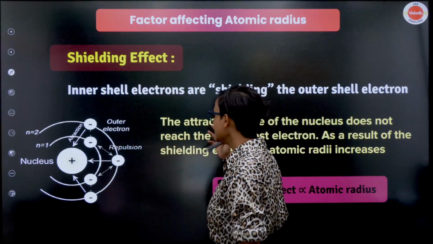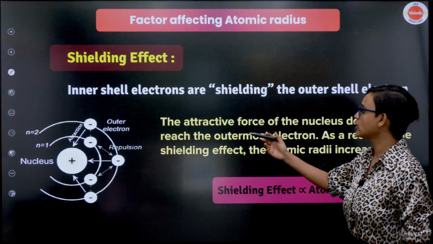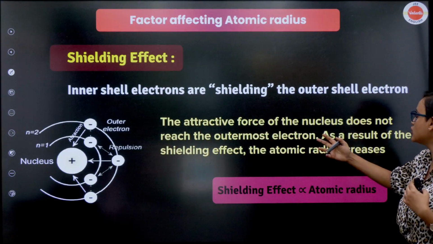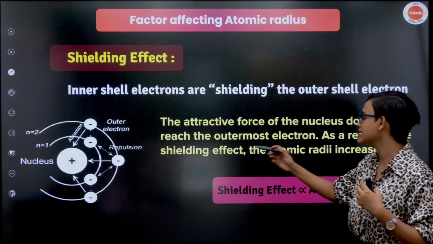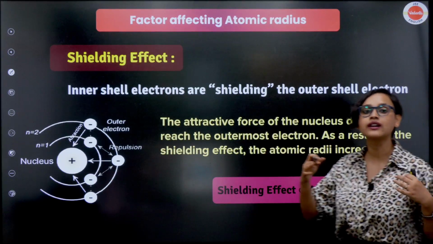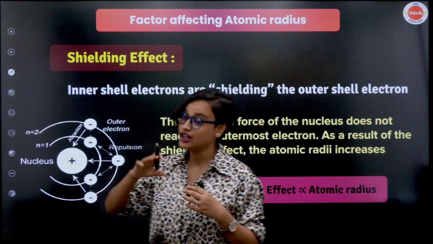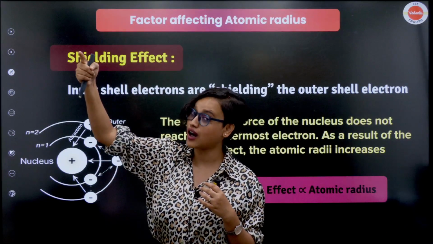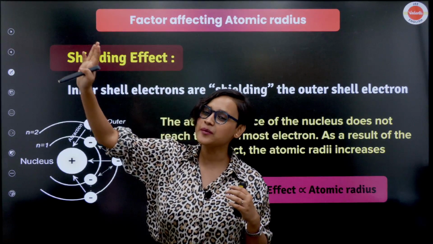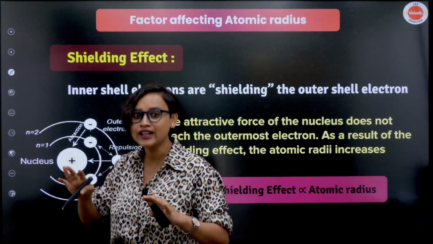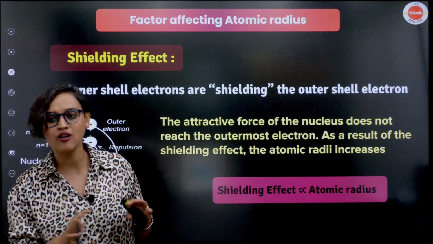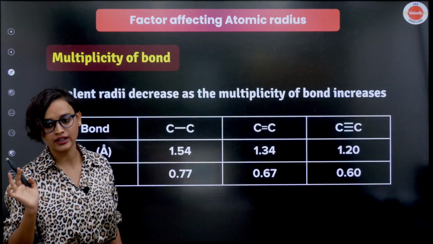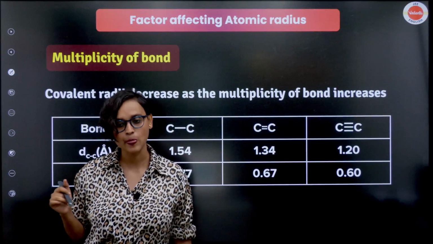Basically, the attractive force of the nucleus does not reach the outermost electron, and because of this shielding effect, the atomic radius increases, because the nucleus is not able to exert its charge on the outermost electron. It remains like a free bird, saying I'm free, and keeps roaming around here and there. So, if shielding effect increases, atomic radius also increases. Got it? Clear? Okay.